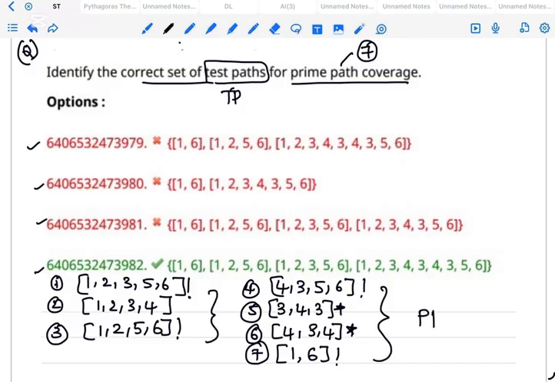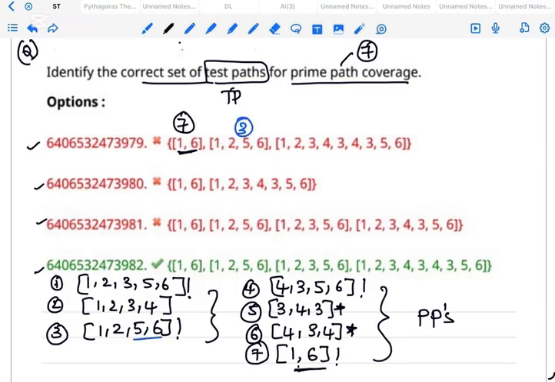So which set of test paths covers all of them? Prime path 7, that is 1 to 6, is covered here. And 1 2 5 6 is this one, right?